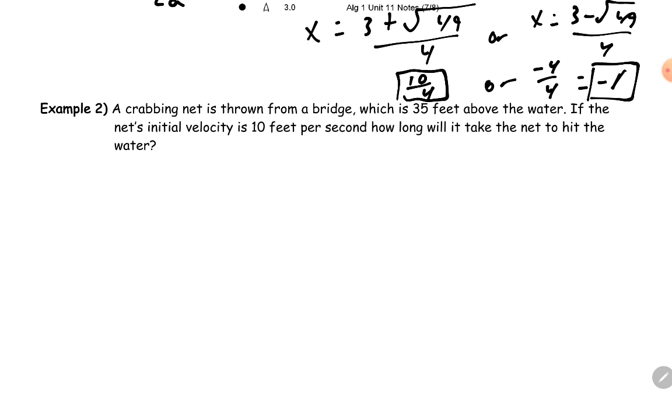Which comes to example 2. A crabbing net is thrown from a bridge.